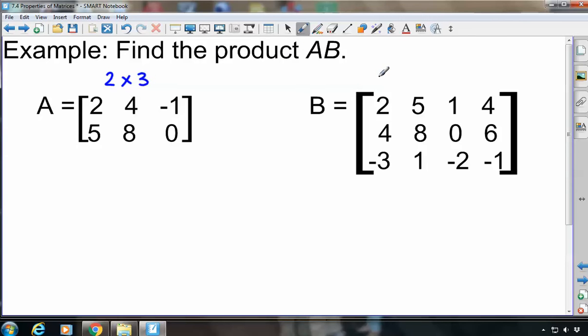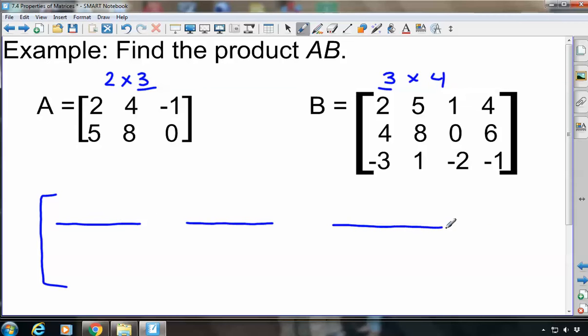What's the size of the second one? So can we multiply them? Yes, the middle numbers match, so we can multiply them. What will be the size of my final answer? 2 by 4. I am going to write out everything for the first couple examples, so I'm going to leave myself plenty of space. It's a 2 by 4, so 2 rows, 4 columns.